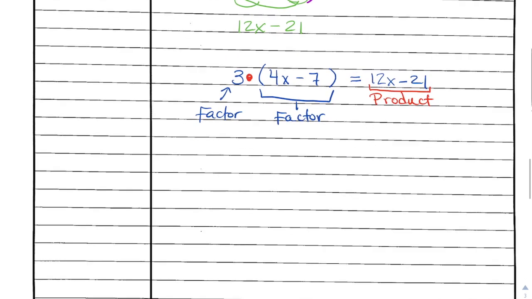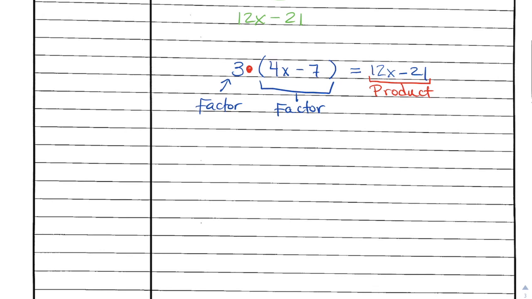So we can show that or set that up with the box method, or I guess let's use another problem. So let's start out with 4 times 8x plus 5y.